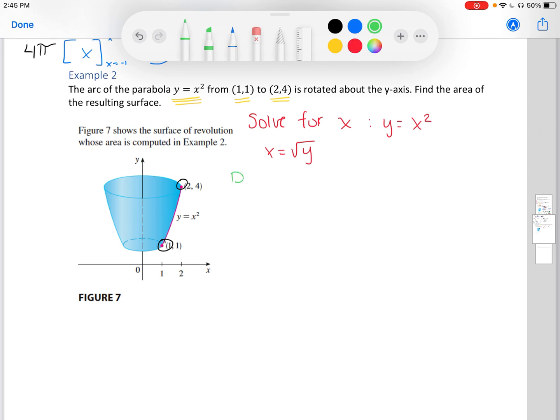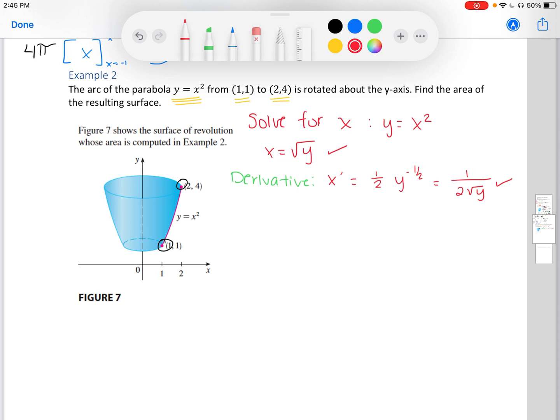All right, now we need our derivative, which is something we'll use in our formula. So we have x prime is equal to 1/2 y to the negative 1/2, which is just 1 over 2 square root of y. So we have our derivative and our function in terms of y. Let's go ahead and use our formula.